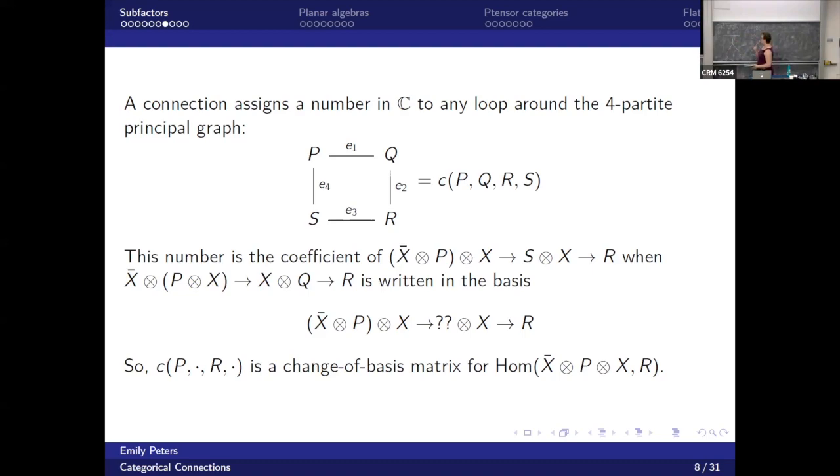Each of these is a basis for the space of maps from x bar tensor P tensor X to R. One of them is right associated, one is left associated. This one's a Q, and this one's an S. Since both of these are bases for the space, we can expand one in terms of the other, and the coefficient that appears is the thing we're calling the connection. So the connection is really just a change of basis matrix.